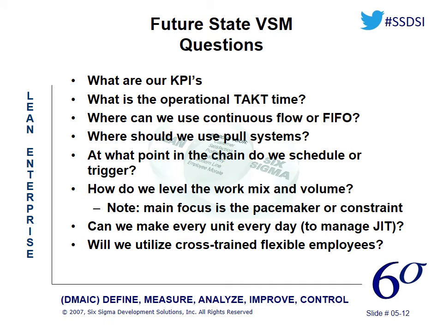So some of the questions we ask in developing that future state could be, what are our KPIs? What are our key performance indicators? What are our targets, our organizational targets? What is the operational takt time? Takt is a German word for metronome. Basically talks about the heartbeat of the process.